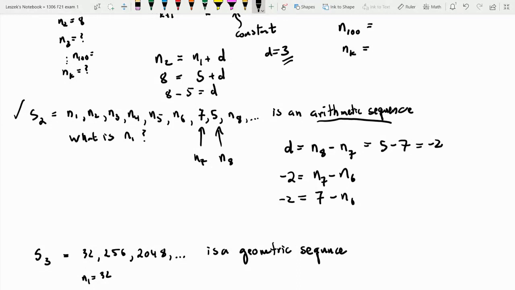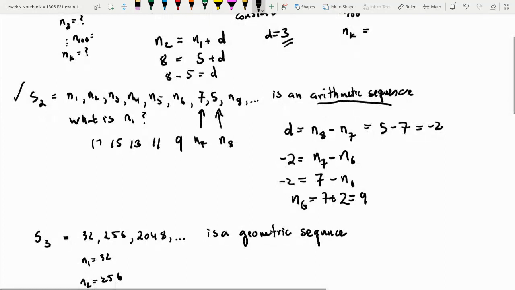So n6 would be 9. We can then guess that n5 would have to be 11 and so on. You're always subtracting 2 to get the next term. So this tells us that n1 would be 19.